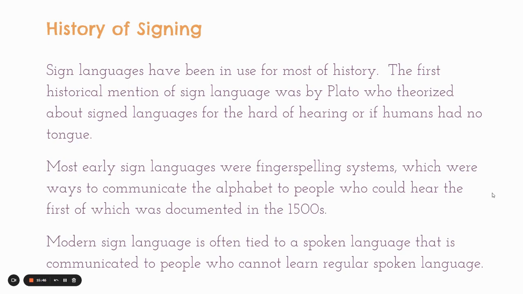This started in the 1500s, but now modern sign language can often be tied to a spoken language, but it can also be a natural language with its own meanings that does not necessarily tie to any spoken language. And so now people who can't learn spoken language can still communicate with people who are able to hear.